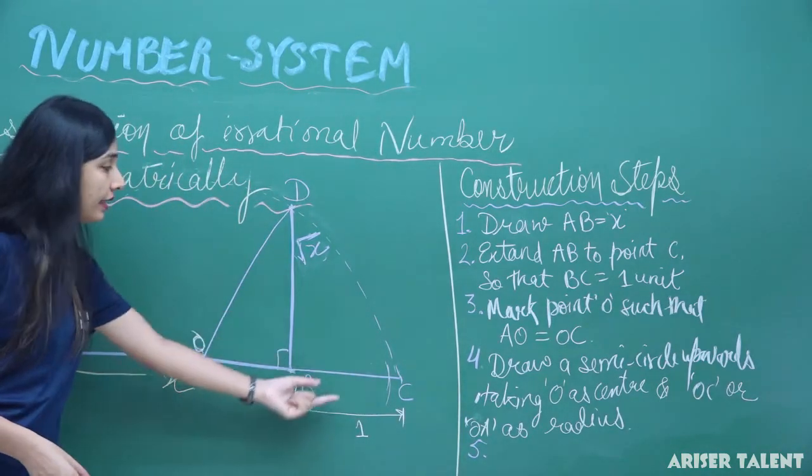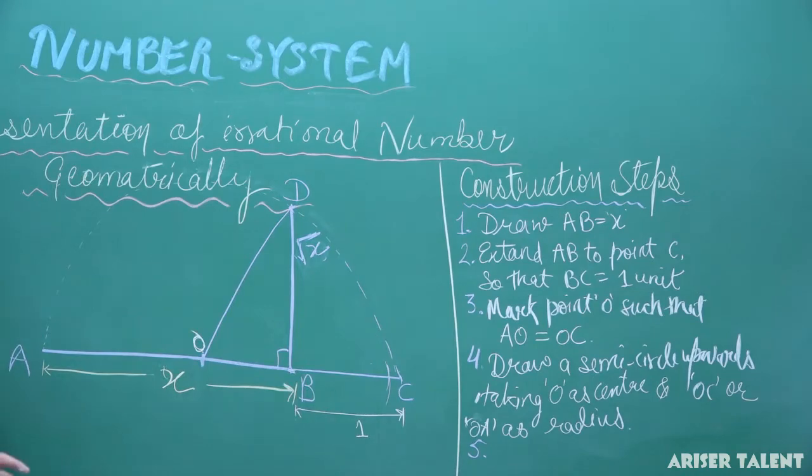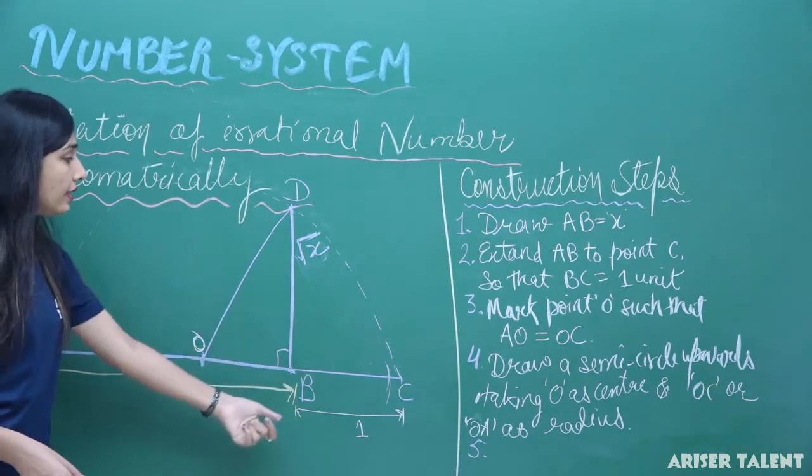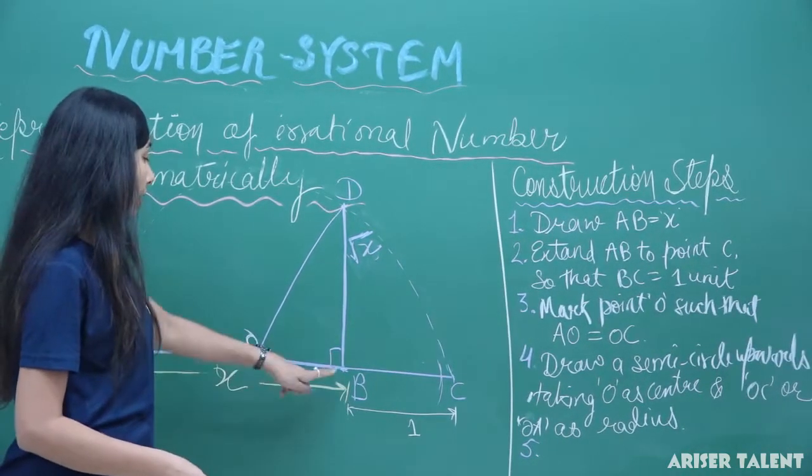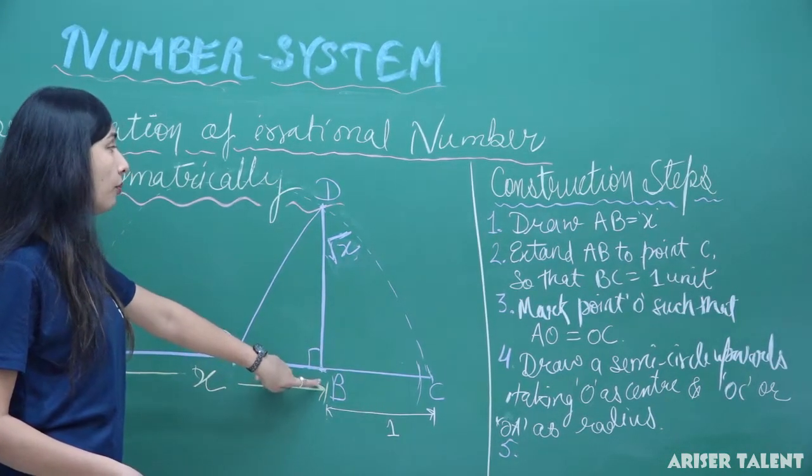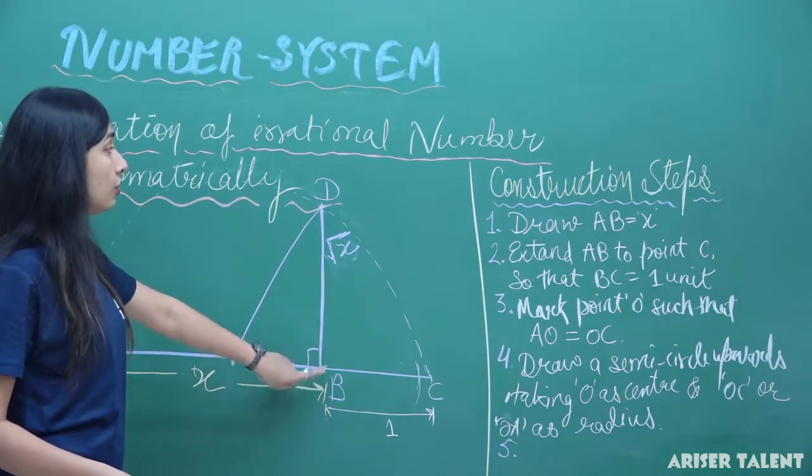Then what else have we done? After having that semicircle, what did we do? Draw a perpendicular from point B to the semicircle.